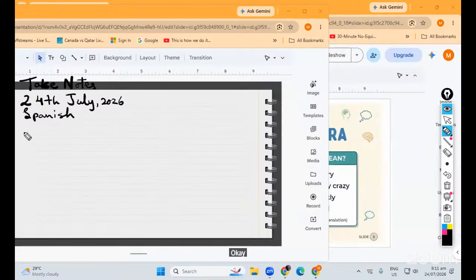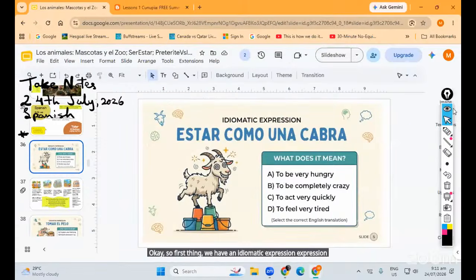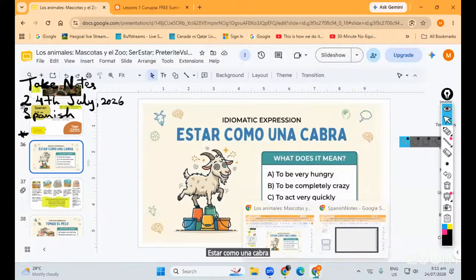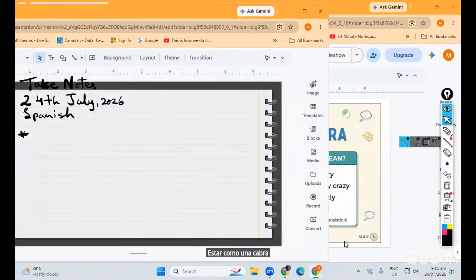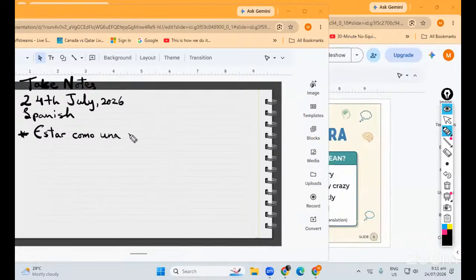However, if you already date, it's fine, obviously, in Spanish. Okay, so first thing, we have an idiomatic expression. Estar como una cabra. Literally, to be like a goat, but not permanently, because it's estar.